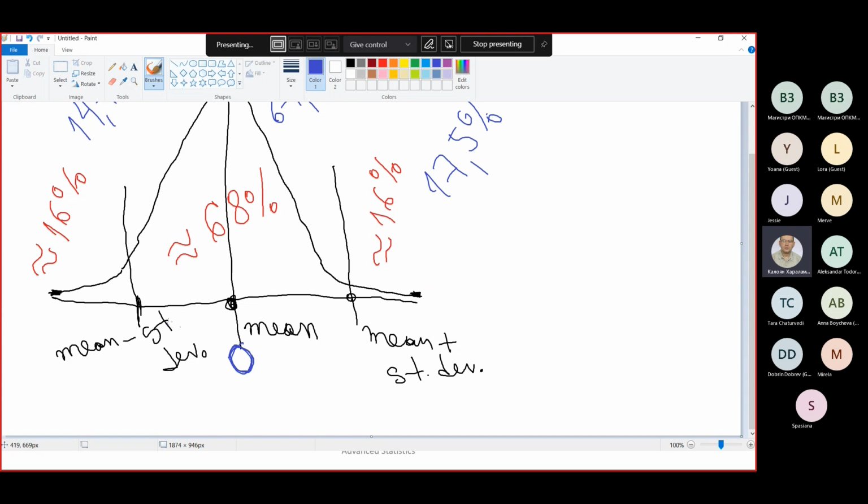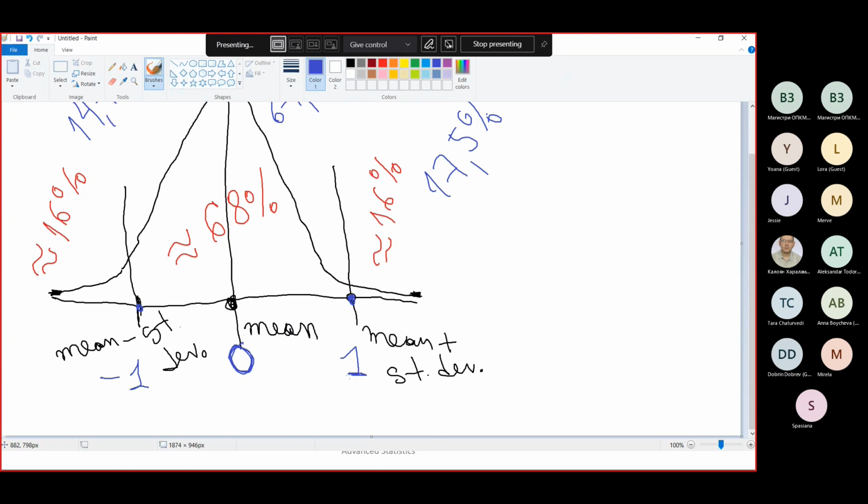If one individual is here, his or her raw score is equal to mean minus 1 standard deviation, his or her Z-score will be -1. And if one individual is here, if his or her raw score is equal to mean plus 1 standard deviation, his or her Z-score will be 1.